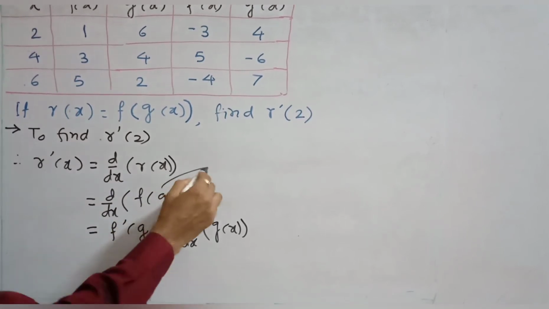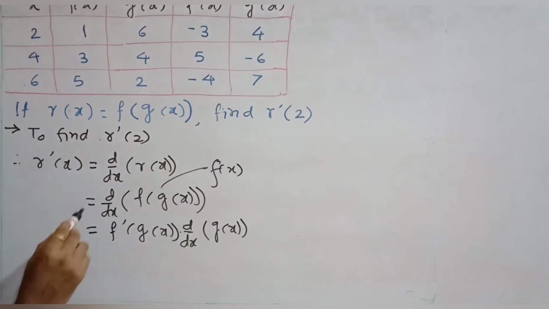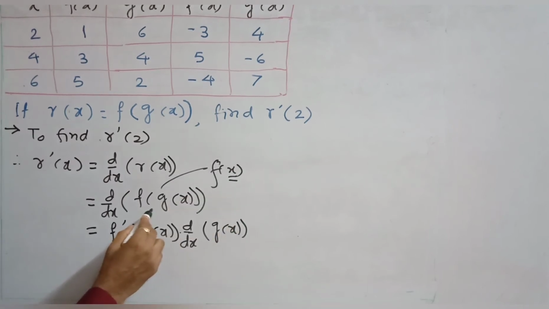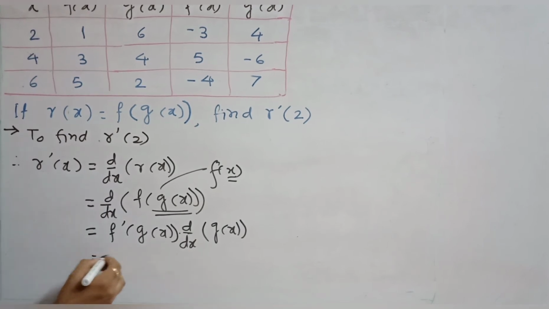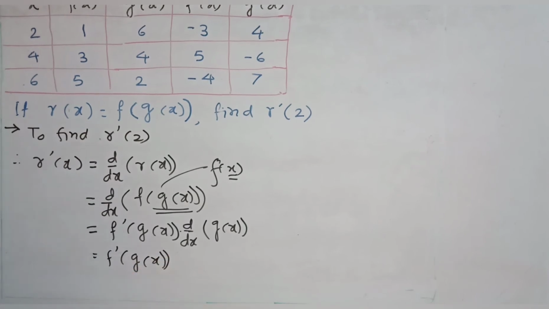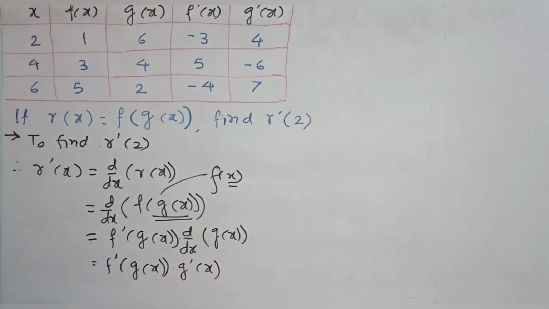When you compare f of g of x with f x, f x is related to f dash x. So f dash g of x into d by dx of the replacement of x. The replacement of x is g of x. So d by dx of g x, which in turn is f dash g of x into g dash x.